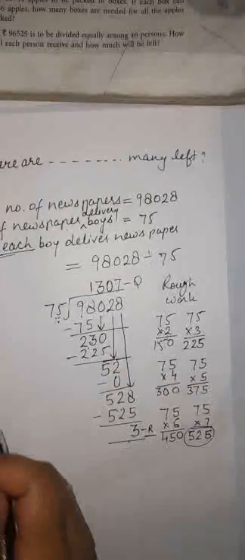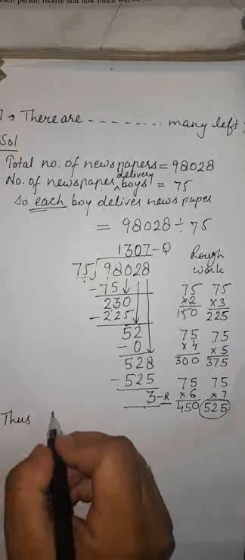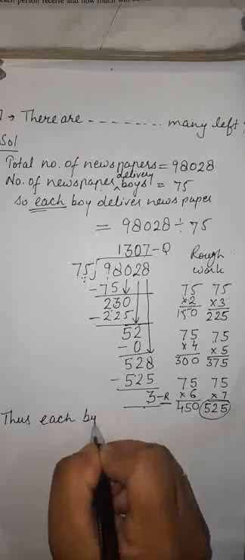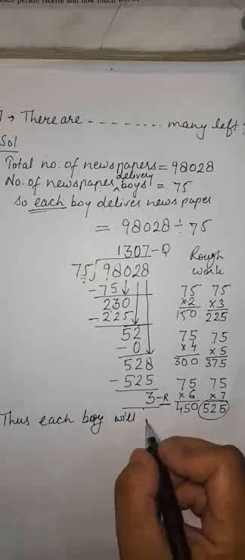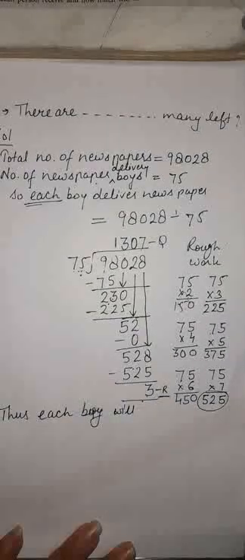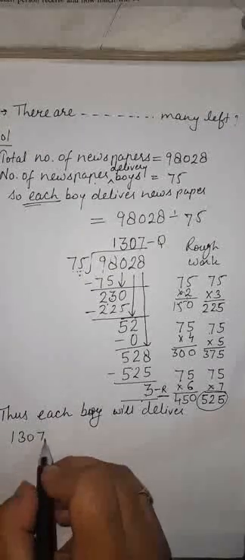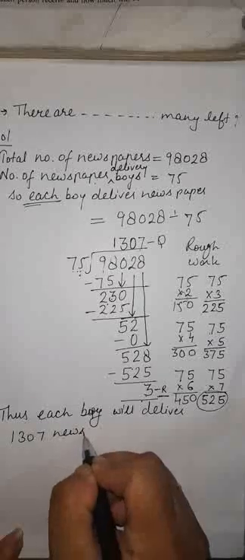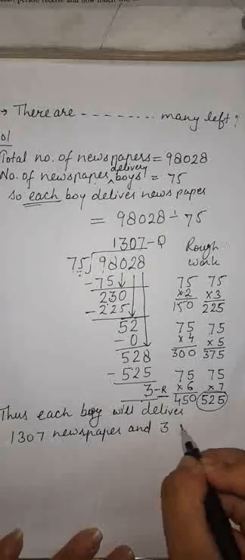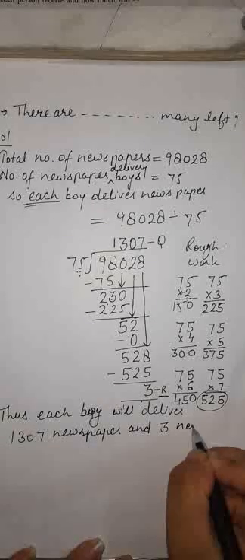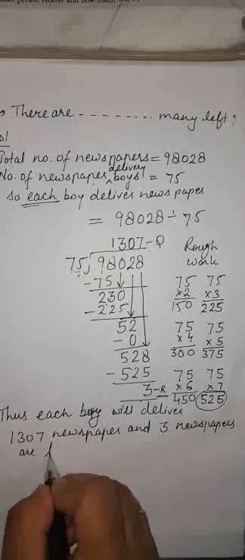Right. So the last statement we will write: thus, each boy will deliver 1307 newspapers and 3 newspapers are left.